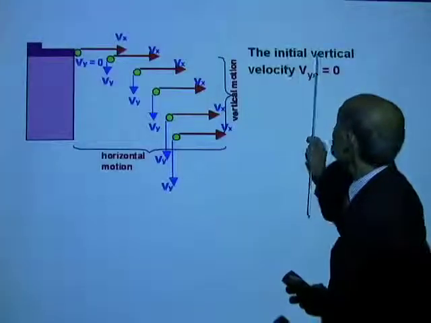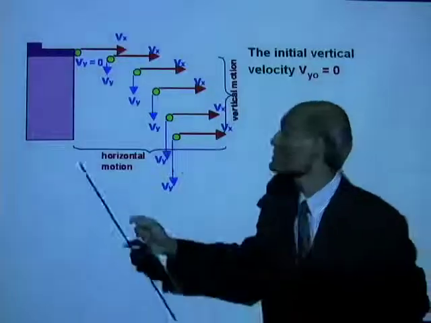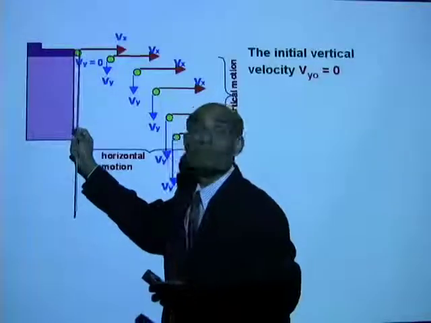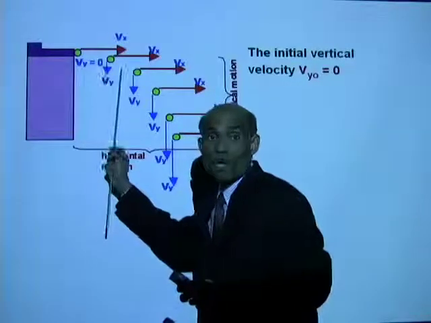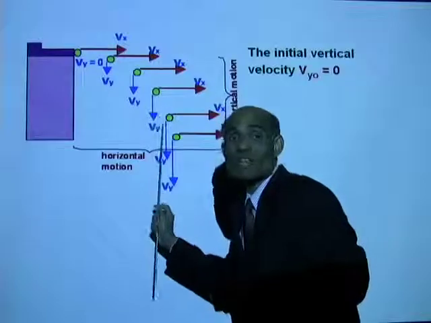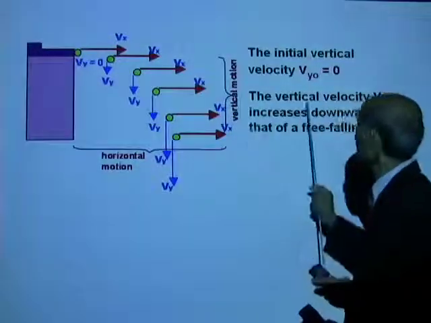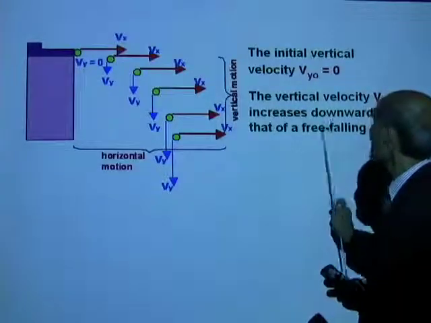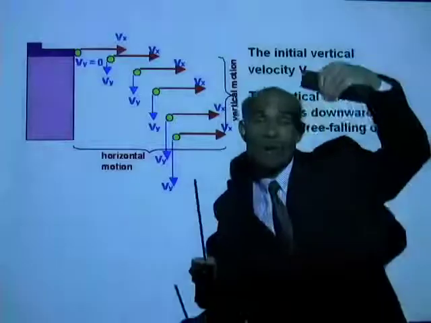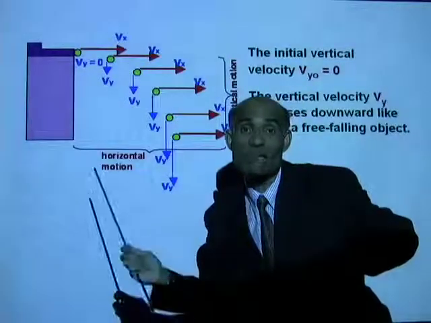And the initial vertical velocity Vy0 is 0. There is no vertical velocity in the beginning. And as time goes on, the vertical velocity increases in the negative direction. The vertical velocity Vy increases downward like that of a freely falling object. You remember my first animation.